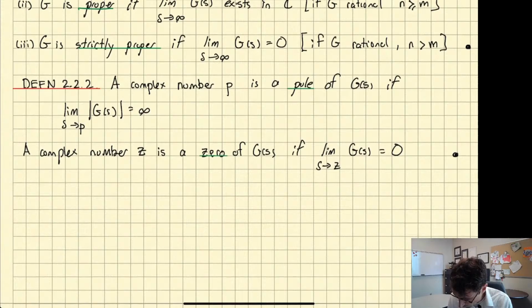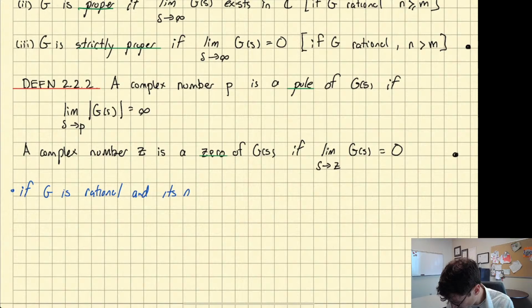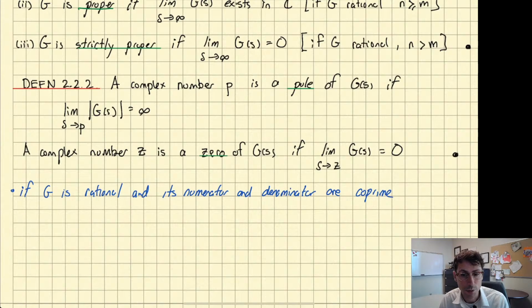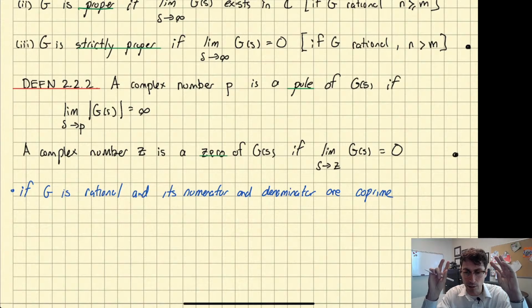Okay, so that's a general definition, but if G is rational, and its numerator and denominator are coprime, so what does it mean for two polynomials to be coprime? It means they have no common roots, right? So we're saying that if G is rational, it's the ratio of polynomials, and furthermore, there are no common roots between the numerator and the denominator.